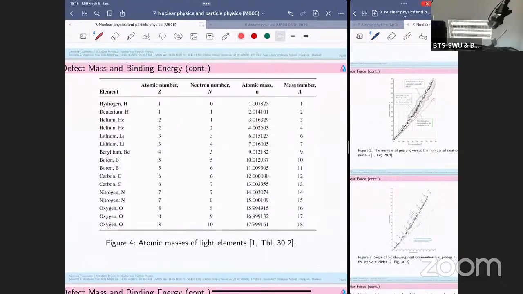Okay, the next one is helium 2, in which the number of neutrons is only 1. But when the number of neutrons is 2, atomic mass is different, and the mass number is also different. Lithium. What about lithium? Lithium has 3 protons, 3 neutrons, and the atomic mass is something like this, and the mass number is 6.